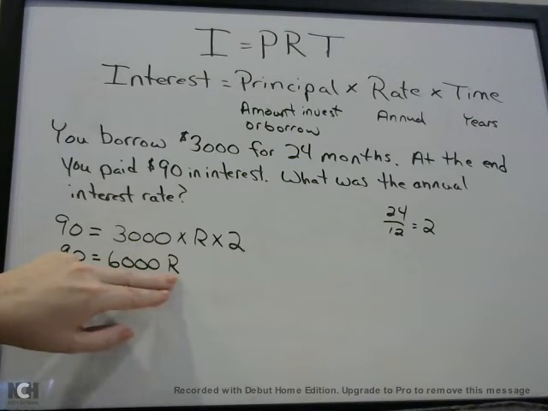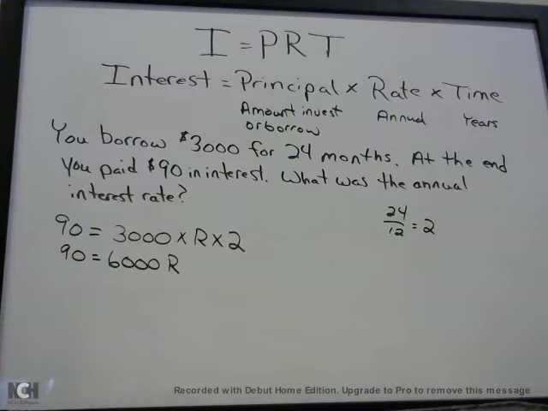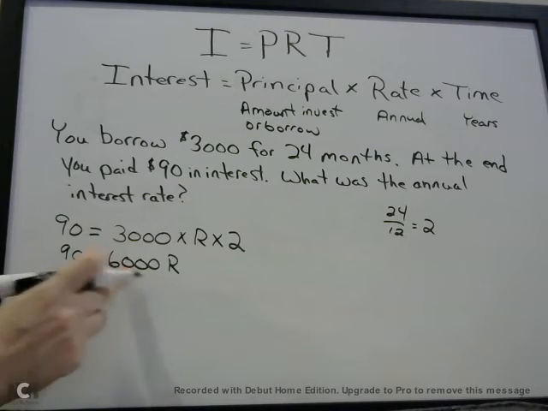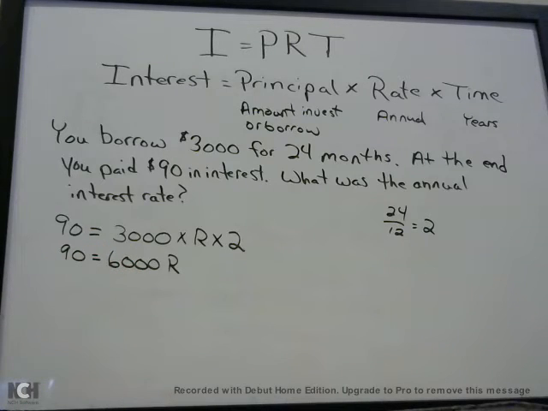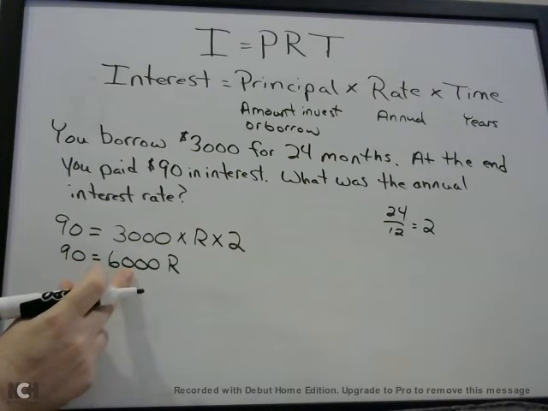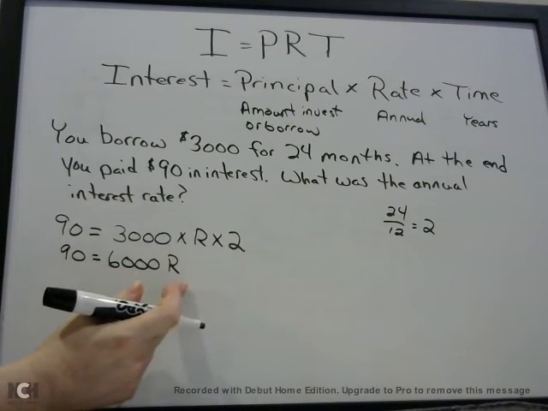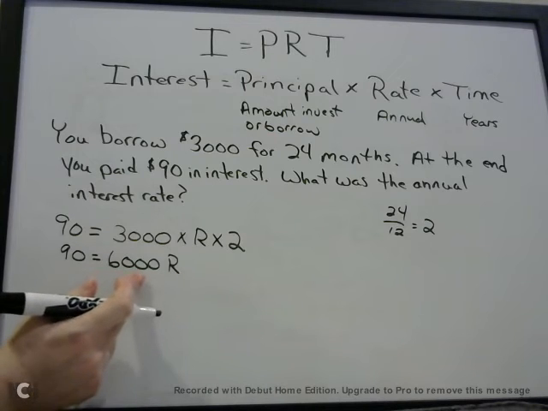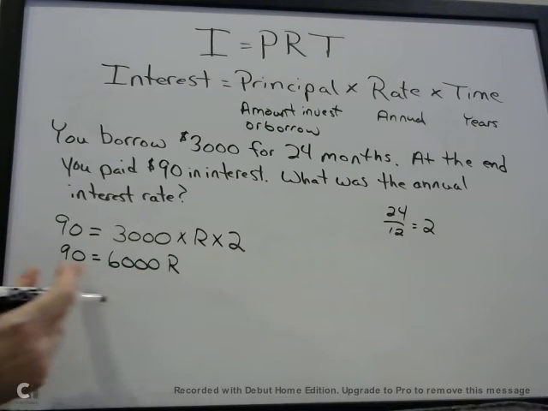We're trying to solve for R. That's what we're trying to figure out. So we need to get R by itself on one side of this equal sign. So we need to get rid of this 6,000. So how are we going to do that? Well, we're going to divide by 6,000, and then we'd only be left with R. So if we divide this side by 6,000, we have to divide this side by 6,000.